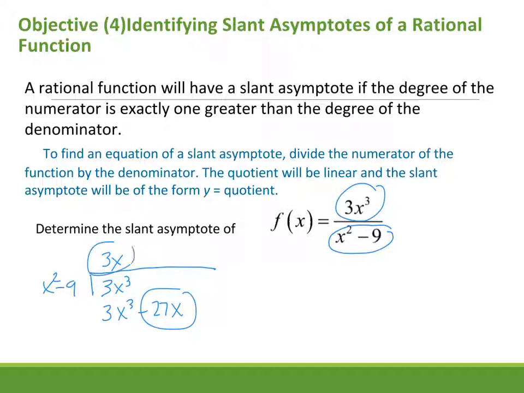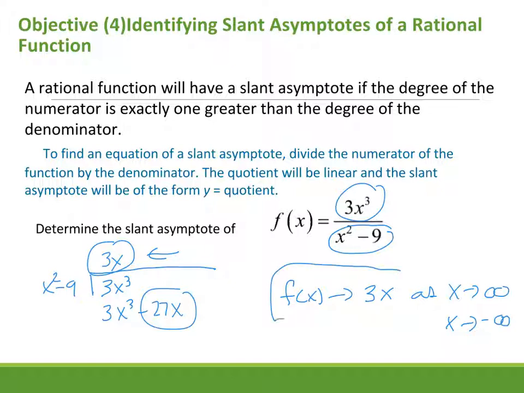What is important is that when we divide this out, we will get a linear function. f of x starts to approach 3x as x gets to be very large, or, for that matter, very small. So here is our slant asymptote.